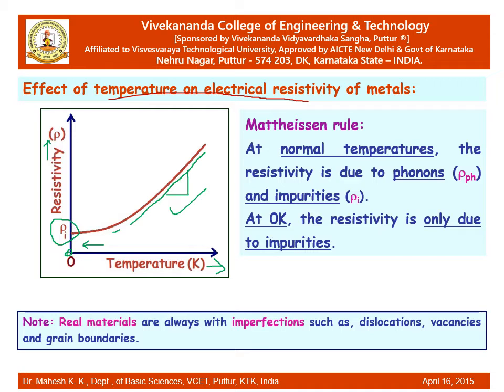But as the temperature is decreasing, this thermal vibration is going to be lesser and lesser, and you have the influence of only the imperfections. That is another important issue here. That means no material is perfect. So imperfections are part and parcel of every material, so in life also. So that is why you are having this, and this has been mainly called the Matthiessen rule.